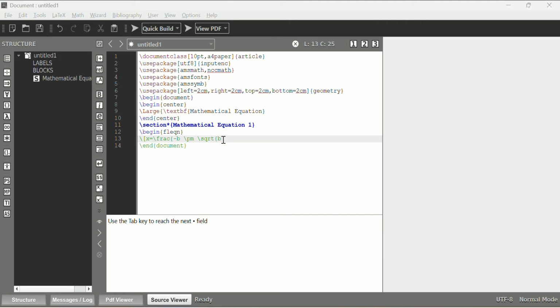For b square we are giving the power notation, that is a caret, b caret 2, b square minus 4ac. Okay, so by 2a, so we are separating it by the brackets.